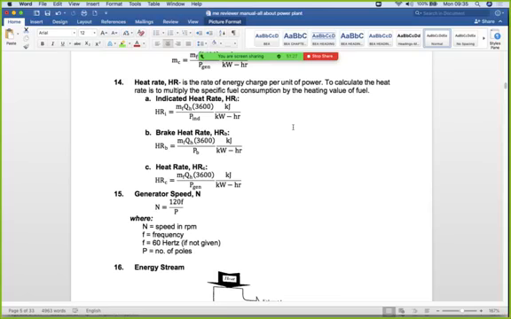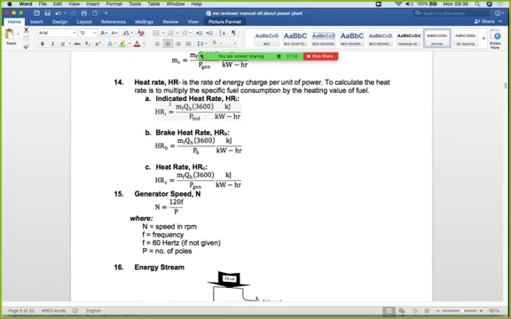So here we asked about the heat rate. What is heat rate? It is just the fuel rate times the heat supplied divided by the indicated power. If the board problem did not specify indicated or brake, you can use whatever power is given, either indicated or brake power.